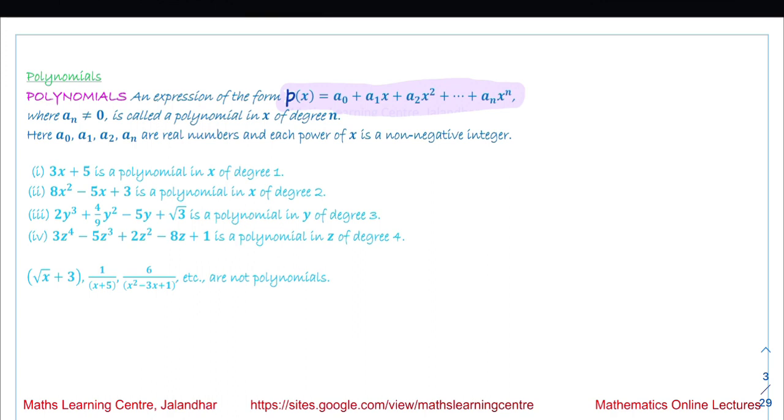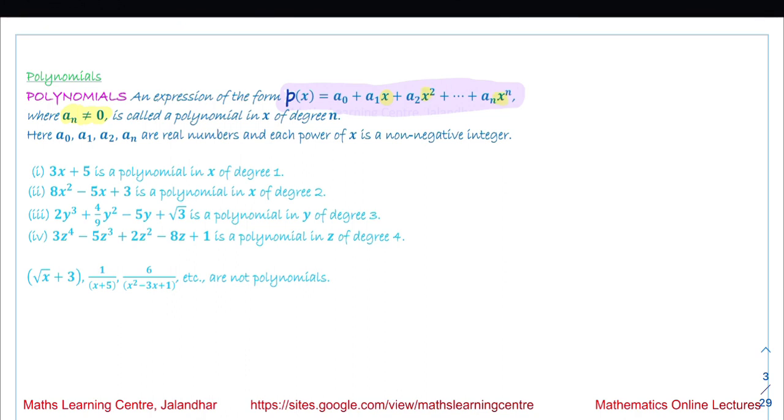This definition we have already studied in class 9th. These a0, a1, a2, an are real numbers. We say these are called the coefficients, and n is called the degree of the polynomial if an is not equal to 0, and x is the variable over here.